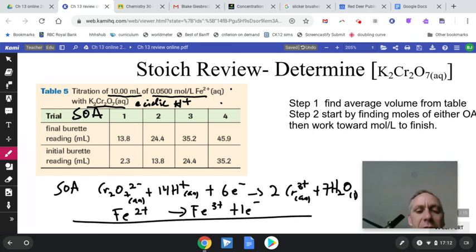So when I go to balance this redox reaction, I've got 6 gained and 1 lost. So I need to times everything here by 6. Okay, now I can cancel out my electrons. 6 gained, 6 lost.